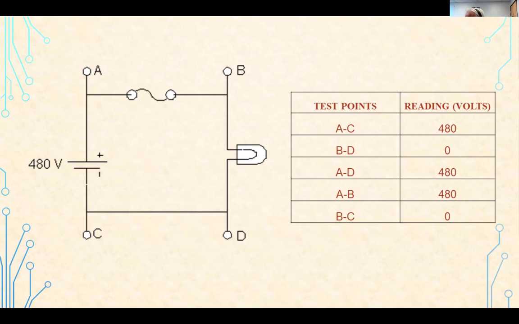Based on your testing and getting these results, is this fuse good or bad? That's what you need to be able to do. And to do that, you have to understand voltage across open circuits, voltage across short circuits, current going through open circuits, current going through short circuits.